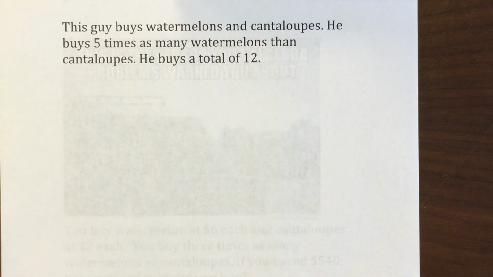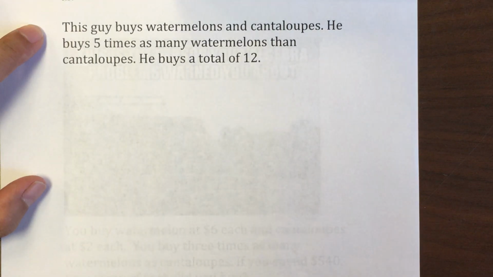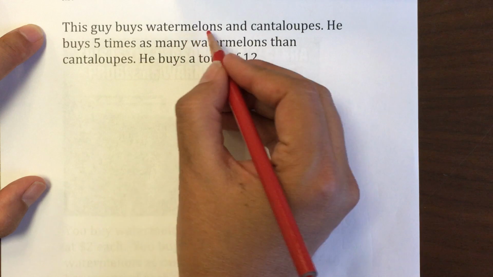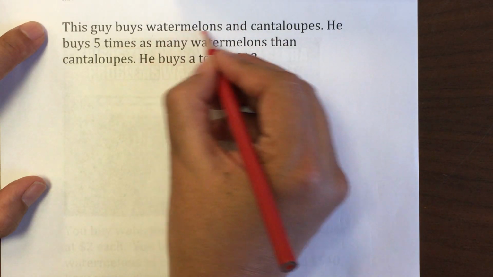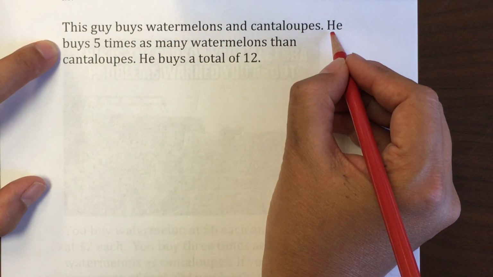Okay, it says this guy buys watermelons and cantaloupes. He buys 5 times as many watermelons as cantaloupes. He buys a total of 12. Okay, so what are the keywords in here? He buys watermelons and cantaloupes.